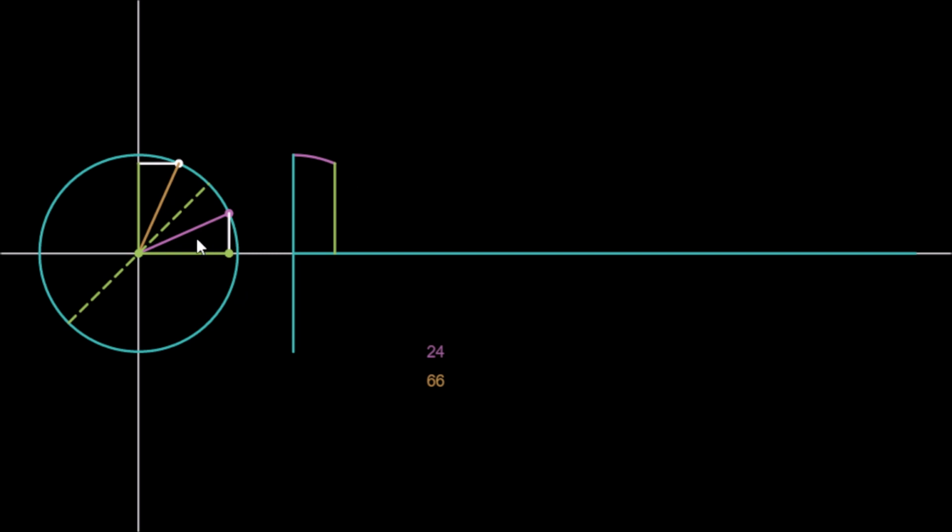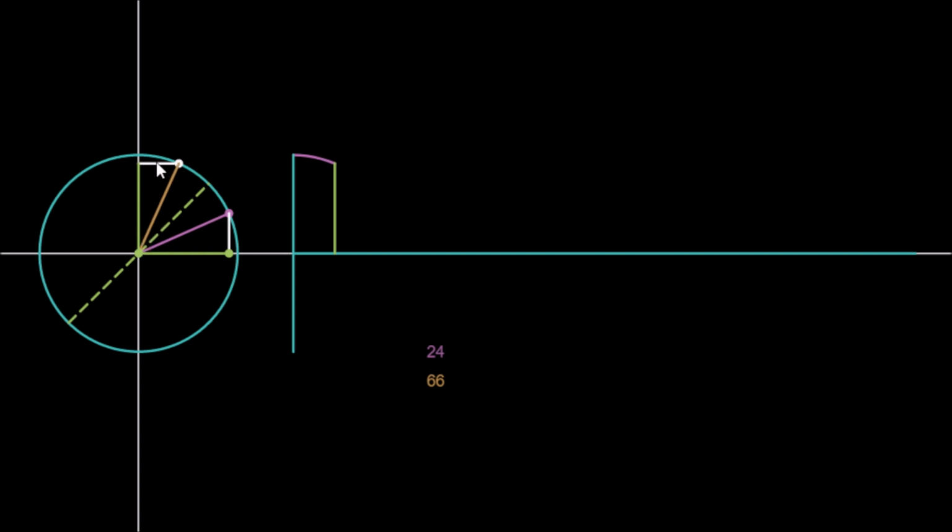Now, if we look at the cosine of 90 minus the angle x, well, this is our angle x here, and the 90 minus the angle x is going to be the large angle here. And the cosine of that large angle is going to be the x distance divided by the r distance.